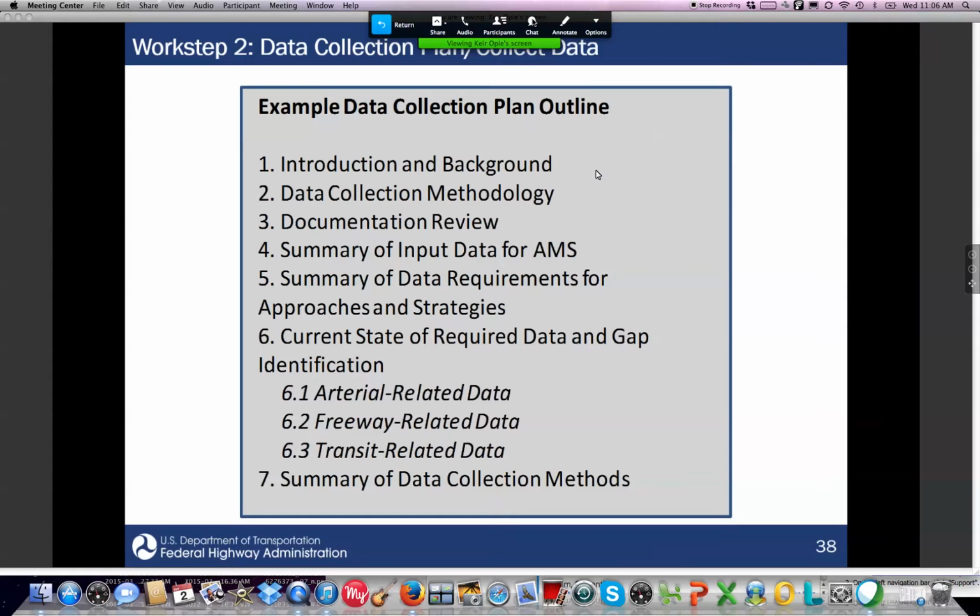Using a lot of AVL data or APC data that may exist on the transit system is going to be critical, not only to help figure out what's going on in the transit system day to day, but especially when you start to look at trying to encourage people to go to transit. It's not necessarily going to help you a whole lot if you tell people to use transit when the transit is already full. So looking at how transit data fits into this is important.